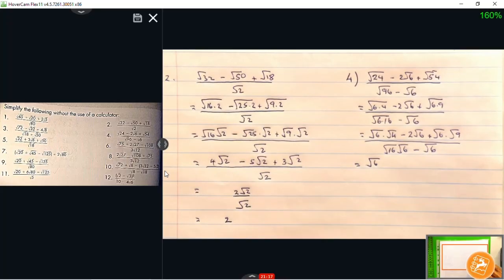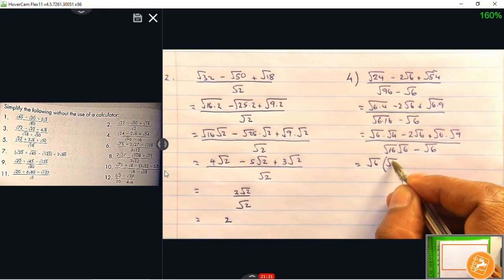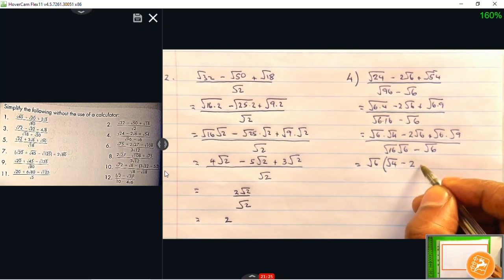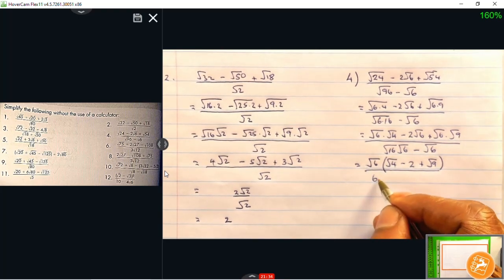So I'll go back to what we learned. What did we learn? Factorization. I take out the root 6. I am left with root 4. I am left with 2. Then I am left with root 9. Right. Then I have root 6 here.